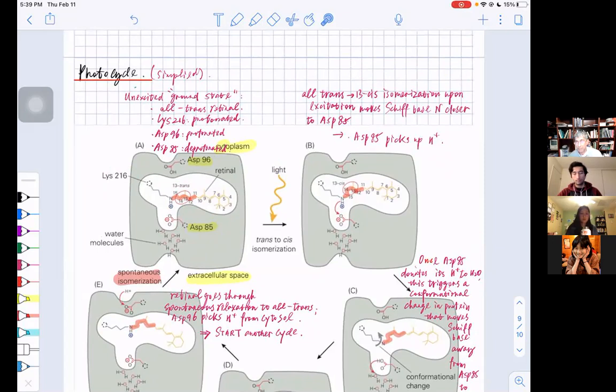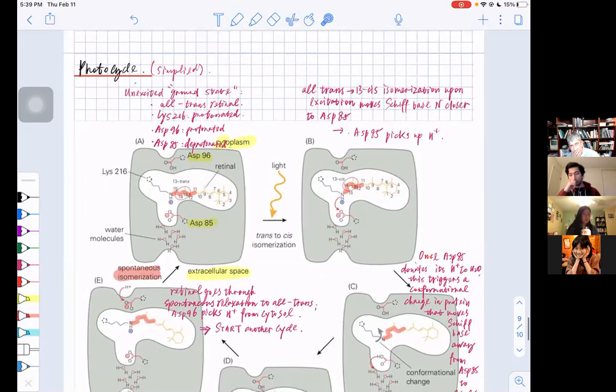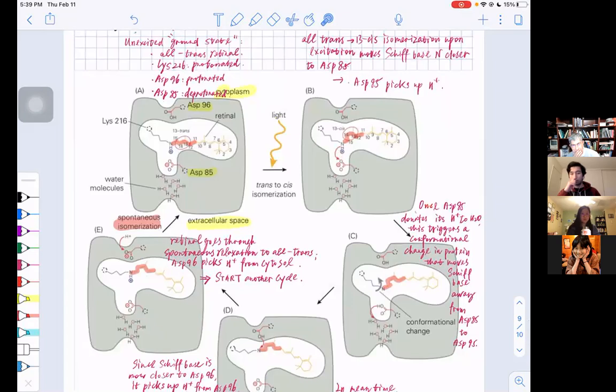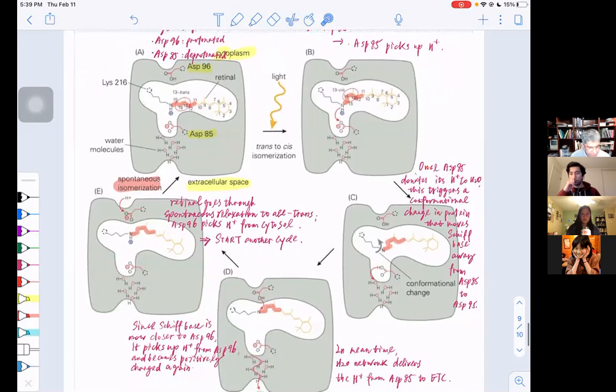So upon the excitation, the retinol will undergo a trans to cis isomerization, basically moving the Schiff base closer to aspartate 85. And that facilitates the proton transfer from the Schiff base to aspartate 85.